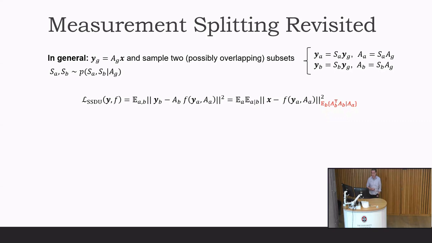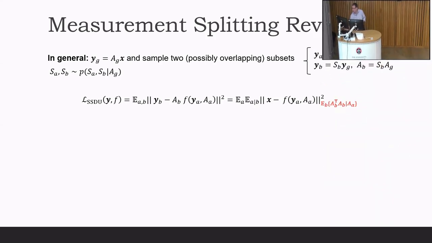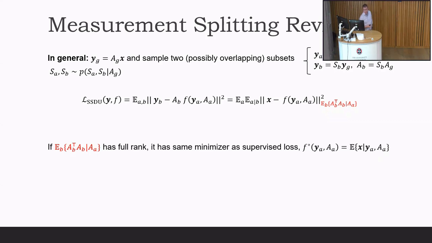So as with the artifact to artifact, we have the same question. We need to ask if this expectation is full rank.